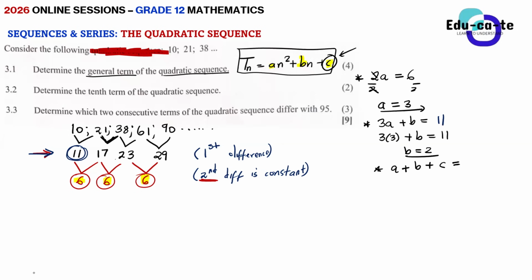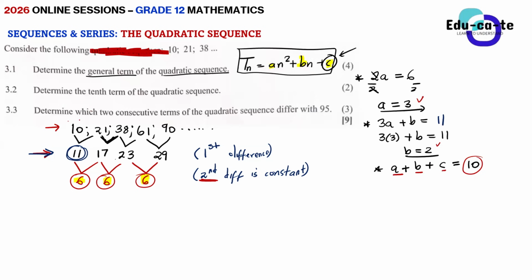So guys, now for you to finally solve for the value of c, because you now have the value of a and the value of b, you need to know that a plus b plus c, you must equate it to the first term of the original quadratic sequence. In this case, the original quadratic sequence provided is 10, 21, 38.